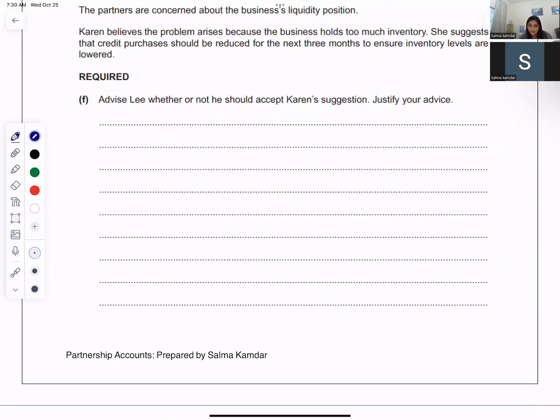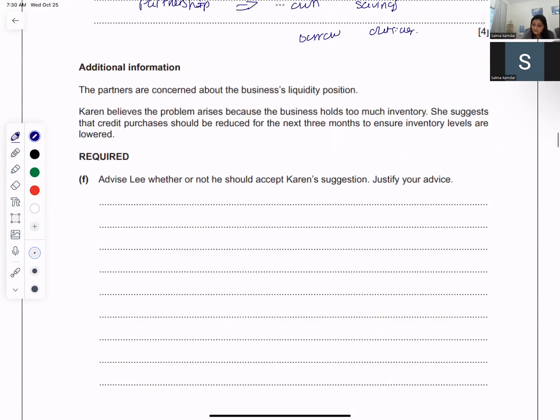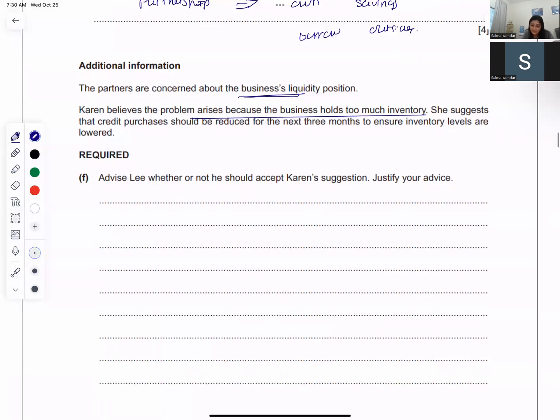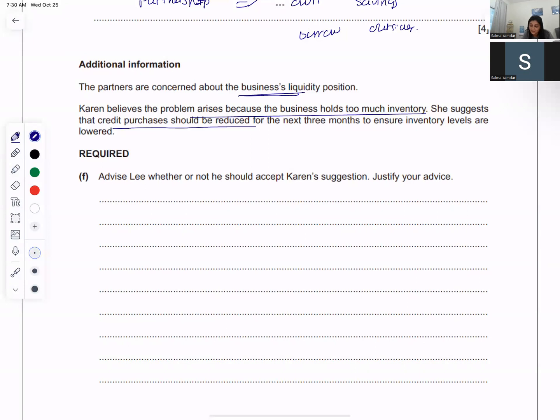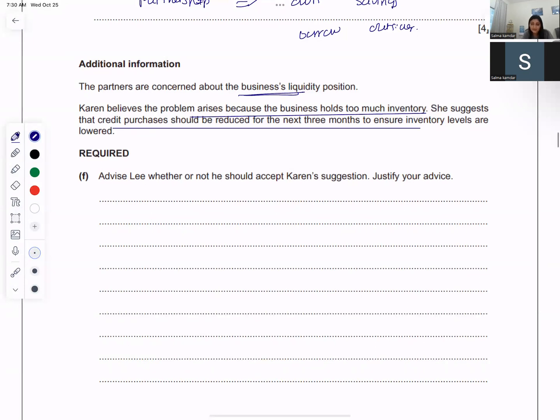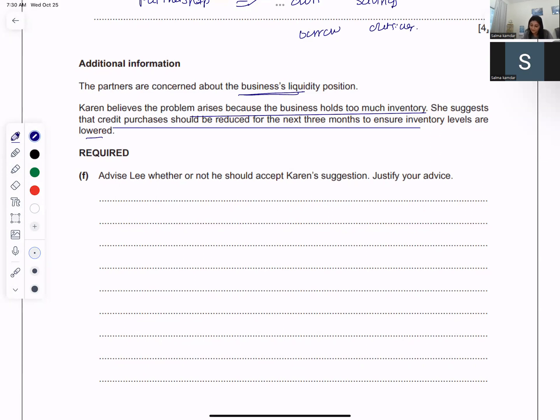Now question number F. Partners are concerned about the business liquidity position. Karen believes that the problem arises because the business has too much inventory. So she is suggesting that credit purchases should be reduced for the next 3 months to ensure that inventory levels are lower.